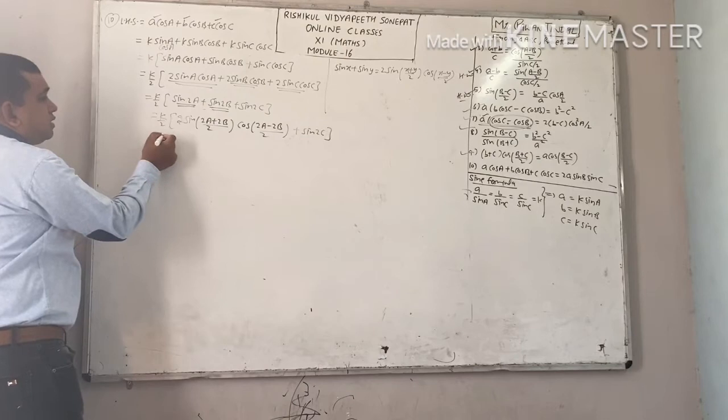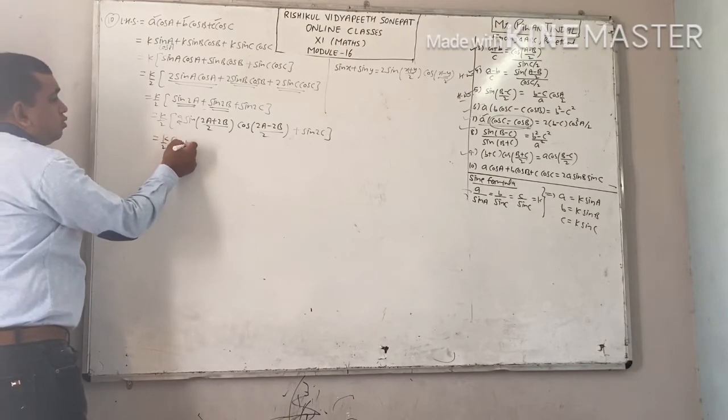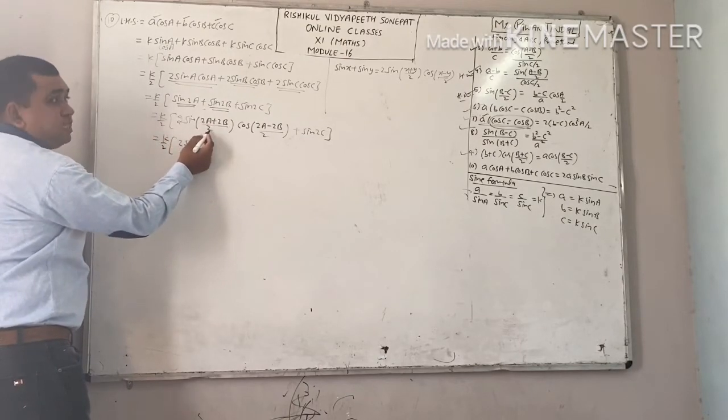Now simplify this one. K by 2, take 2 as common and this 2 will be cancelled.